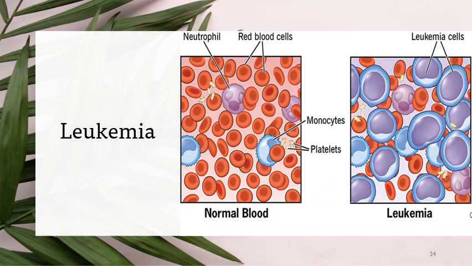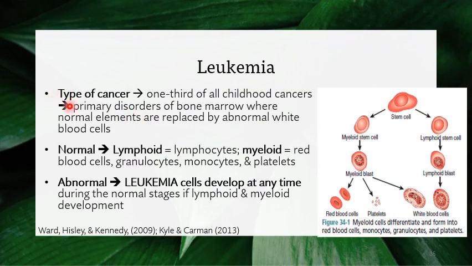As I mentioned before, this is a type of cancer, and one third of childhood cancer is actually leukemia. The primary disorder starts in the bone marrow, where the normal elements are being replaced by abnormal white blood cells. So this is a normal one: we have the bone marrow, and there is the stem cell inside. The stem cell then becomes the myeloid and the lymphoid.